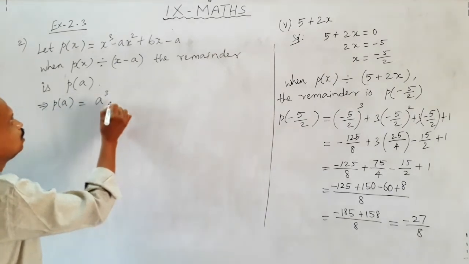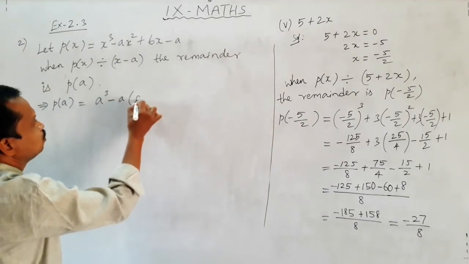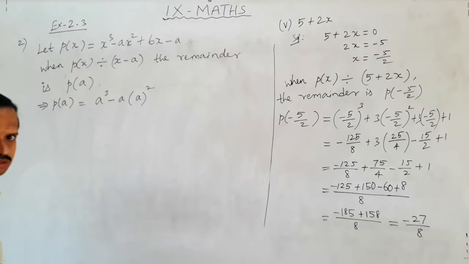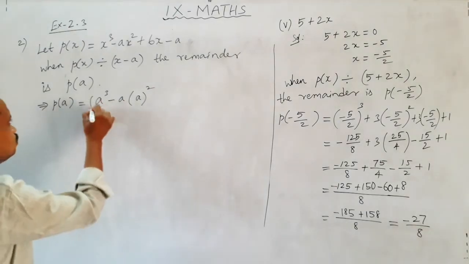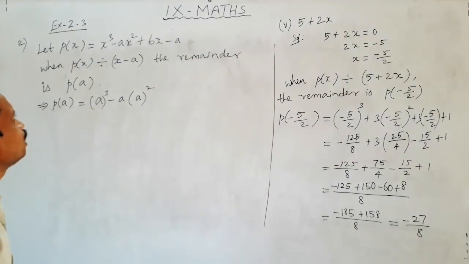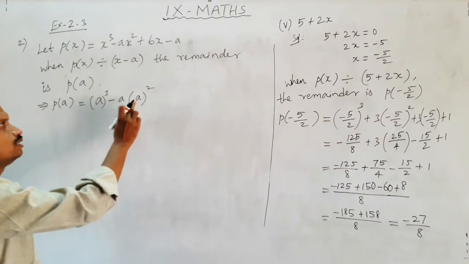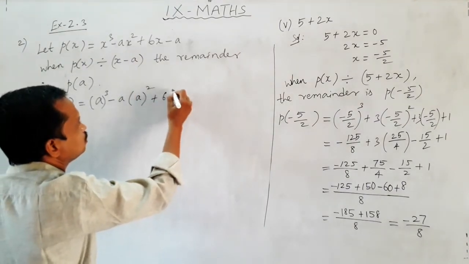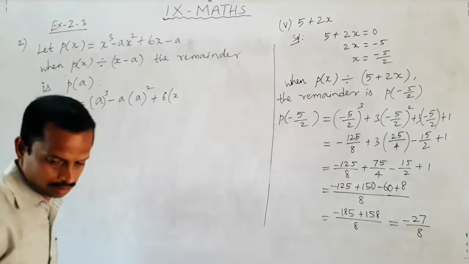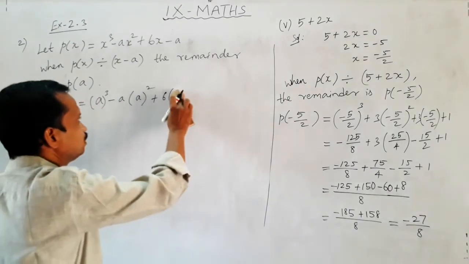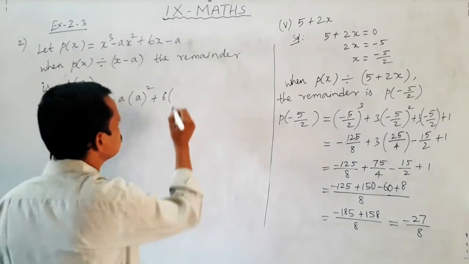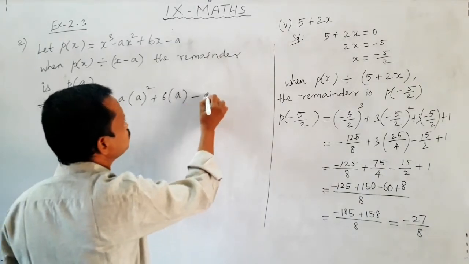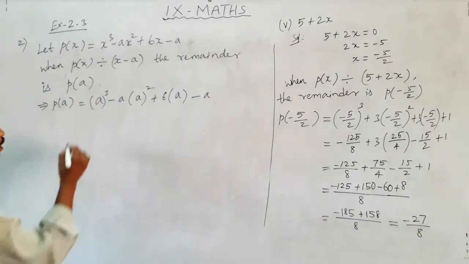A cube minus a into, instead of x we also put bracket, and here instead of x, a, and then whole square plus 6 into, for x we have to put a, and then minus a.